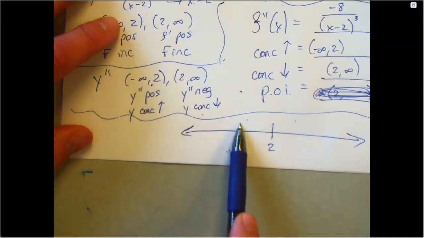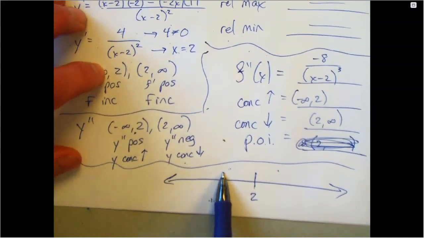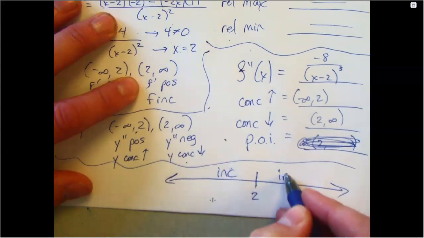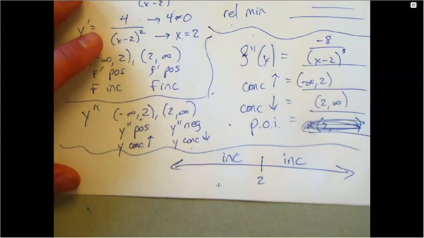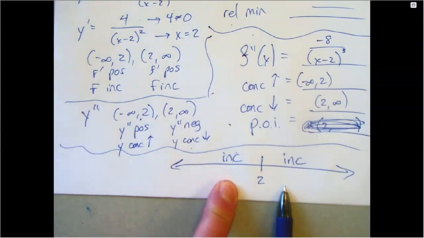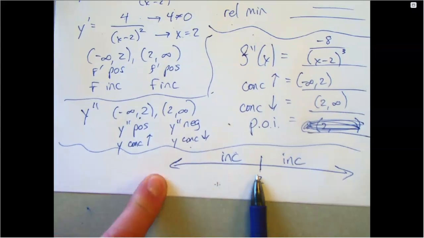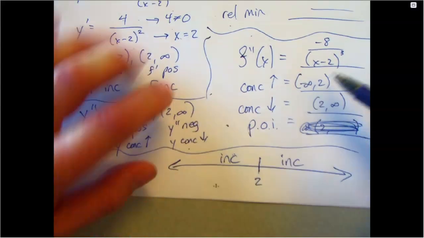So over here, when I'm less than 2, based on our work above, is f increasing or decreasing? Increasing. It's increasing the whole time, right? And on the bottom, I'm going to put whether f is concave up or concave down. To the left of 2, it's concave up.